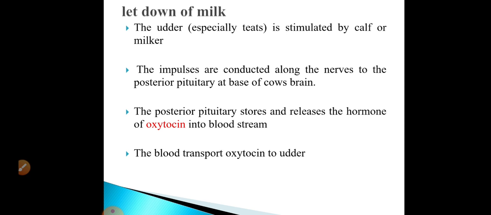Then we will discuss the let down of milk. The udder, especially the teats, is stimulated by the calf or milker. So the cows, especially the desi cows, require stimulation from the calf or from the milker at the time of milking, and this stimulation gives impulses, and those impulses are conducted along the nerves to the posterior pituitary at the base of the cow's brain.